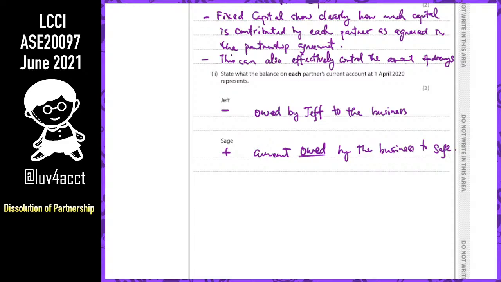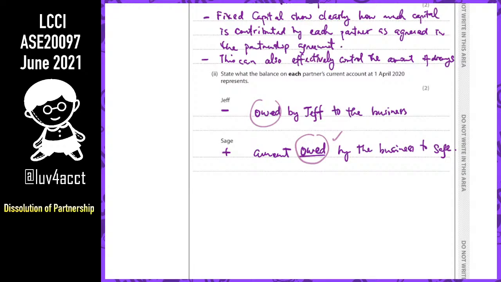I do not want to say owed, but then it can be like that. Why do I not want to use the word owed? Because the company owed Sage money, it seems that it is a liability. I do not want this. But I have no problem using the word owed for a negative item, because this amount has to be settled by Jeff to the business.